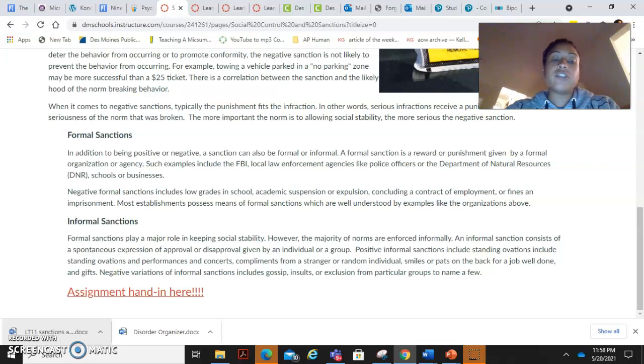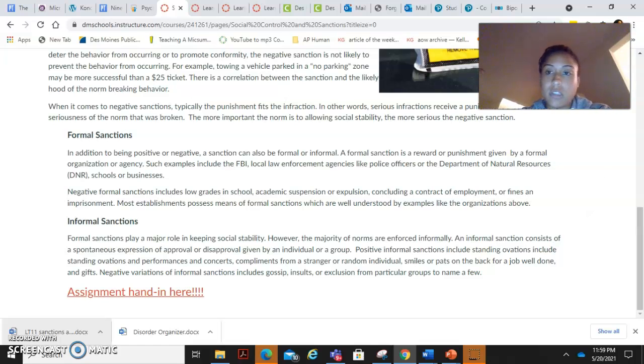Negative formal sanctions include low grades in schools, academic suspension, and expulsion, concluding a contract of employment, or fines and imprisonment. Most establishments possess means of formal sanctions which are well understood, like the organizations above.